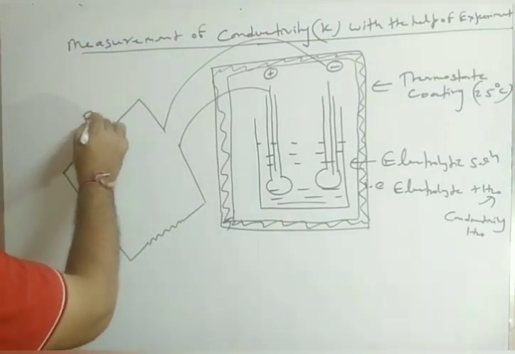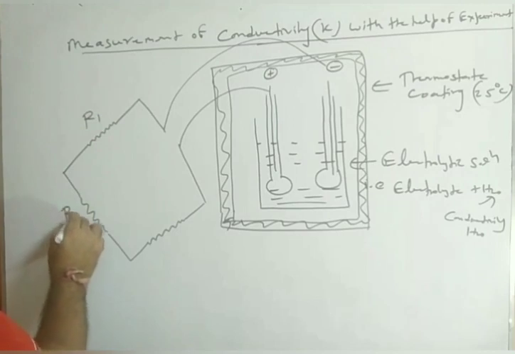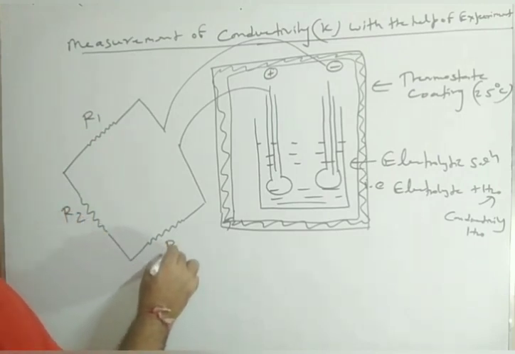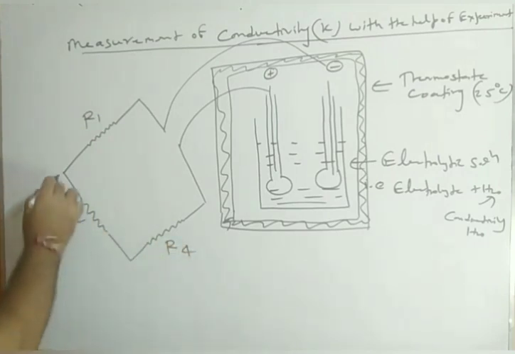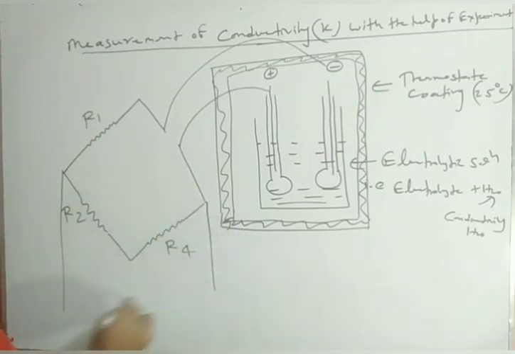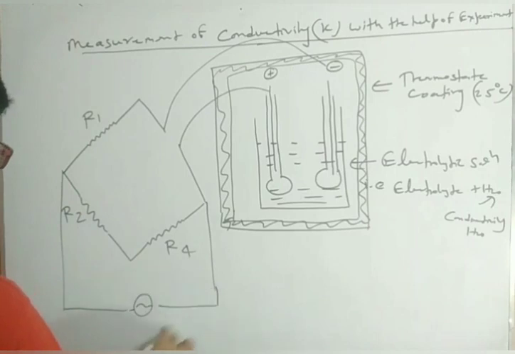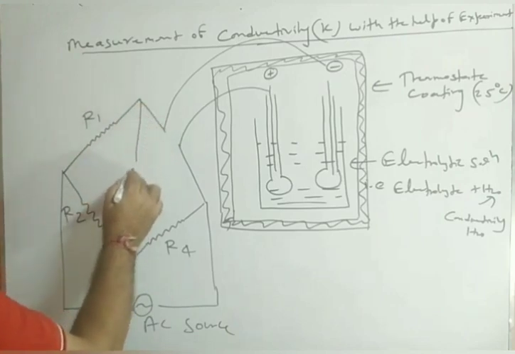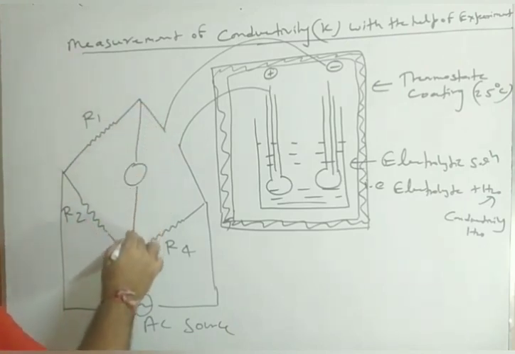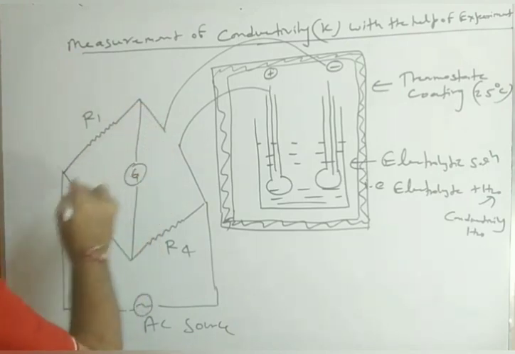Here we take, suppose, resistance R1, here R2, here R4. This one is connected to an AC source, and here we connect a galvanometer.